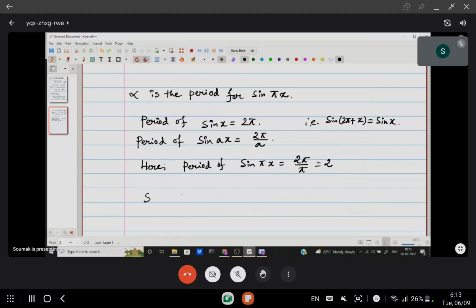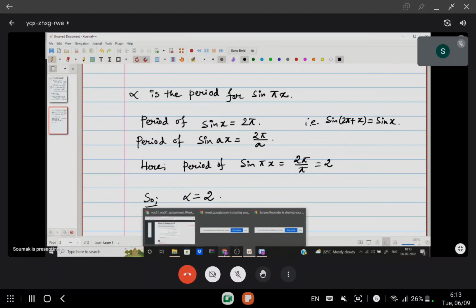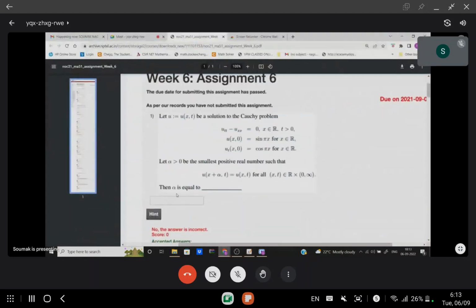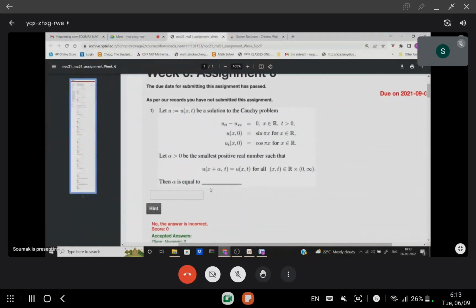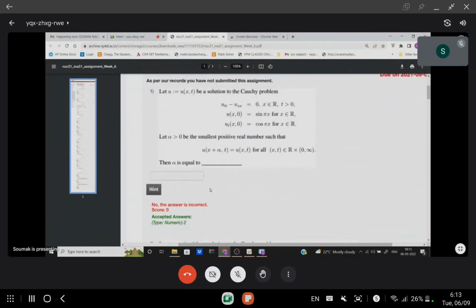So alpha is the period, which is equal to 2, which is the answer. So let me show you the question. You have to find what is alpha. Alpha equals 2, 2 is the answer.